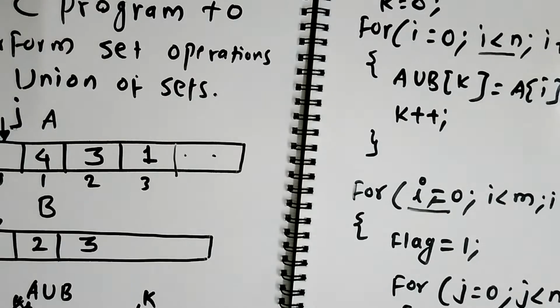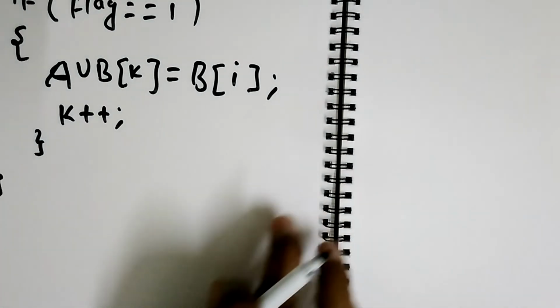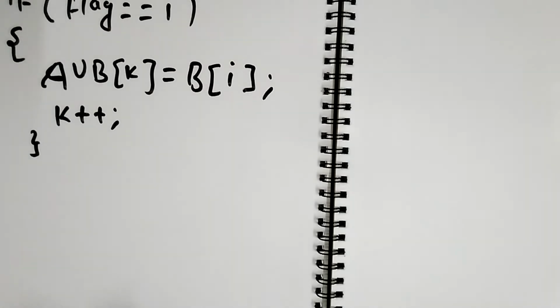That's the code for the union operation. Now let's write the code for the intersection operation also.